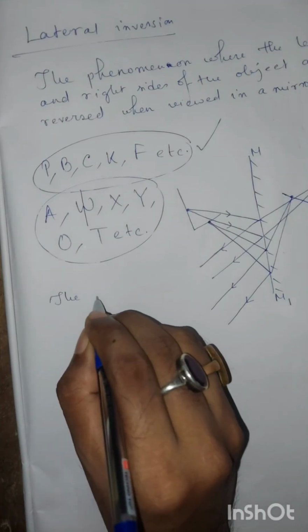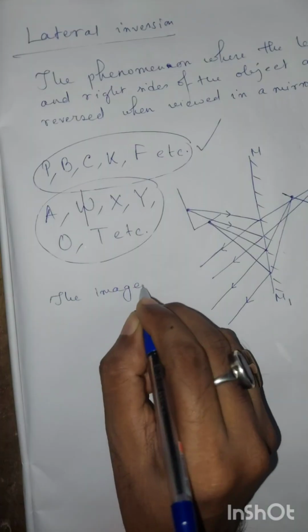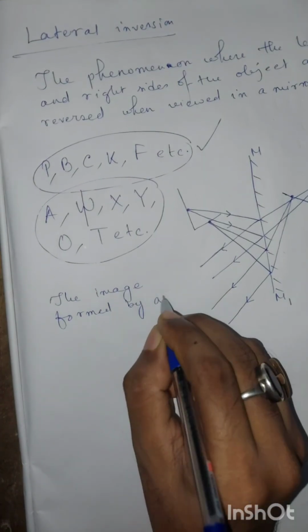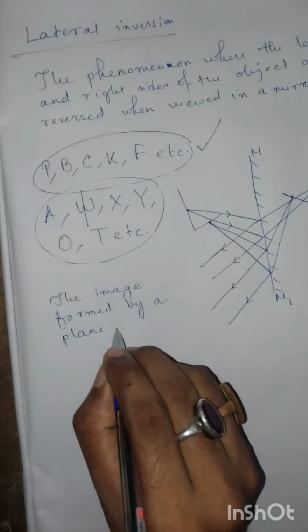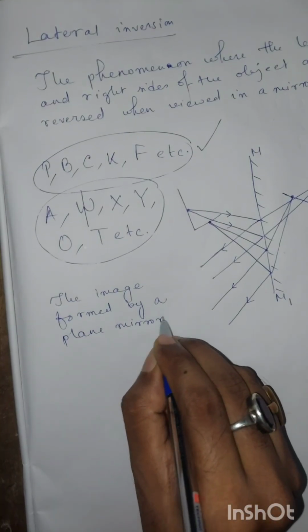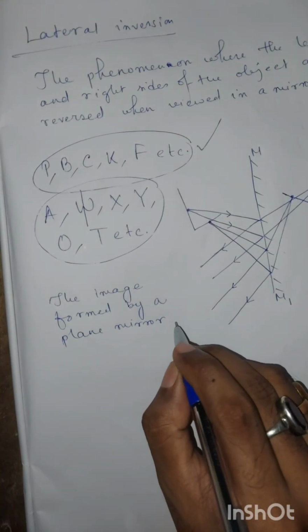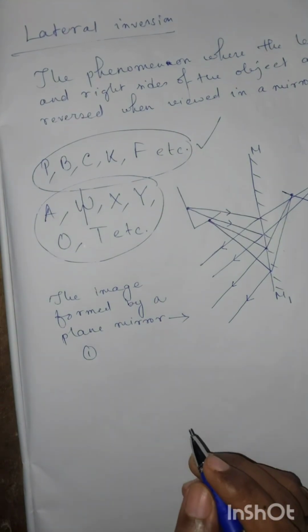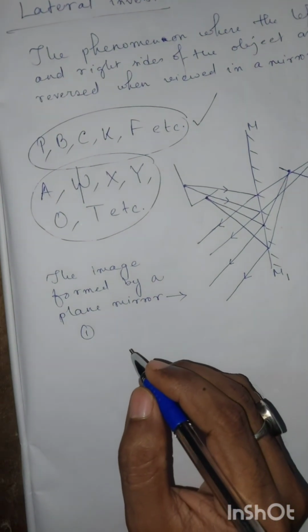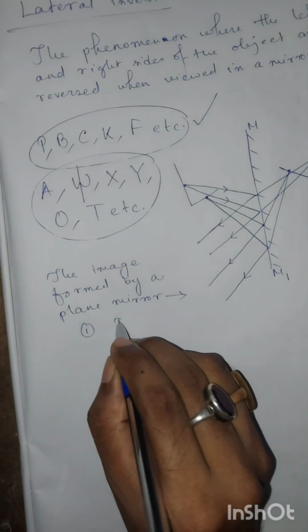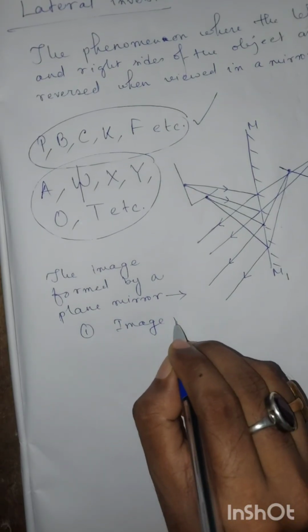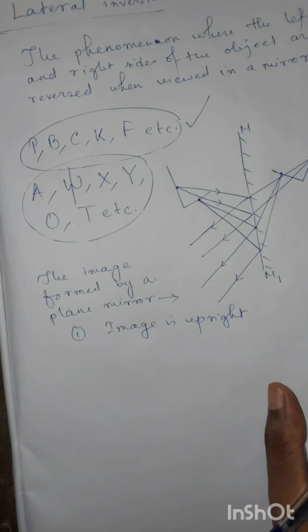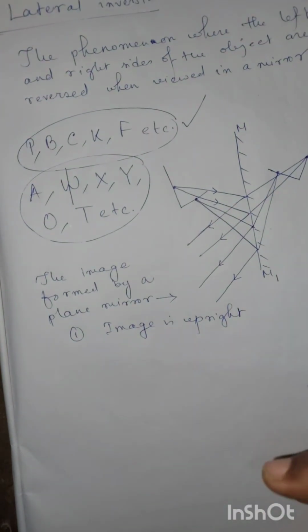The image formed by a plane mirror has some characteristics. Number 1, the image is upright. That means the image is upright, सीधा होता है.